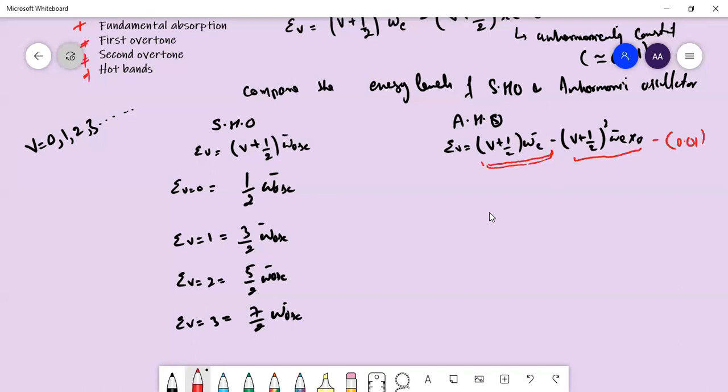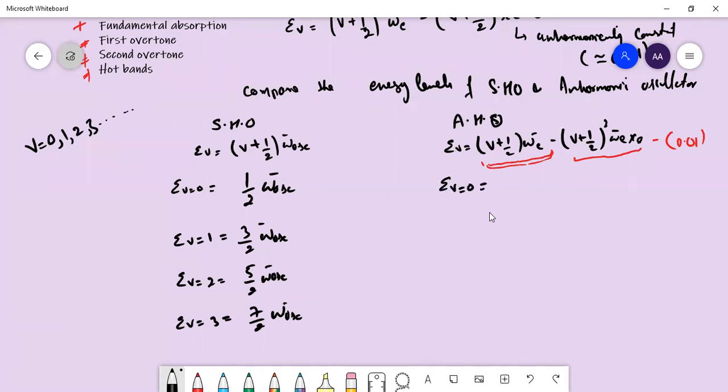So this value is not going to affect the energy levels much. However, the square term of the vibrational quantum number will affect the energy level much more as we increase the quantum number. So let's calculate. First, I will substitute v = 0.